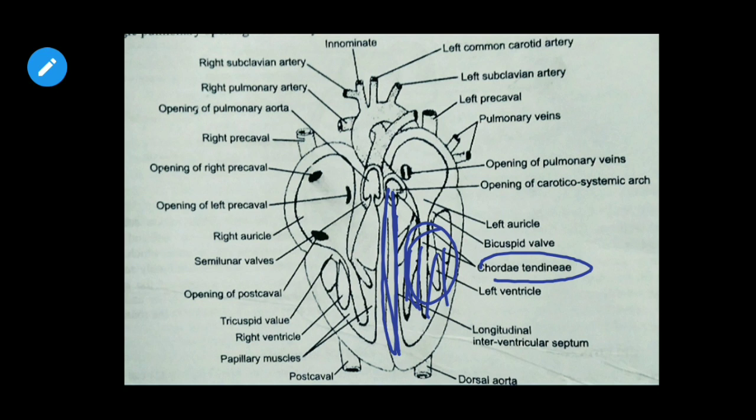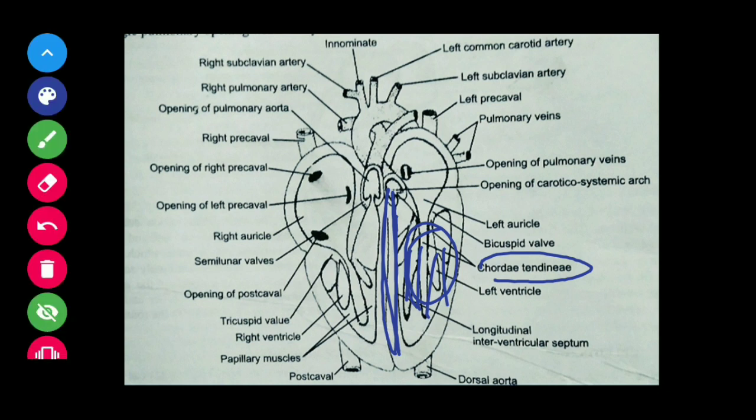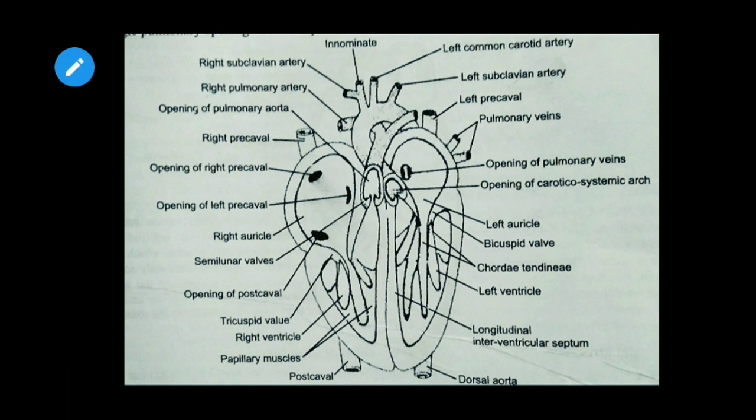The pulmonary arch arises from the right ventricle and carries venous blood to the lungs for oxygenation.